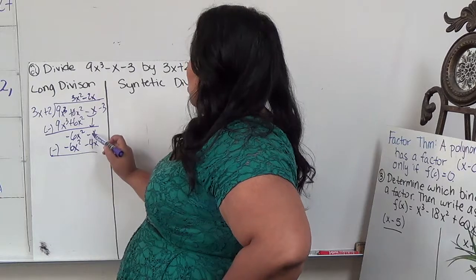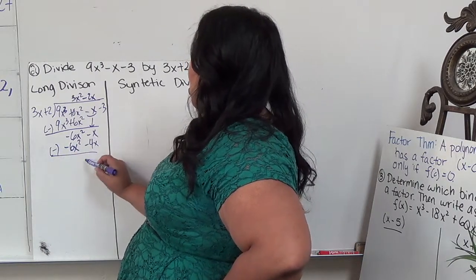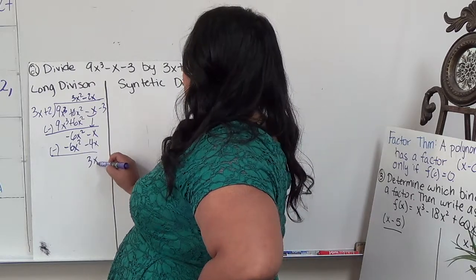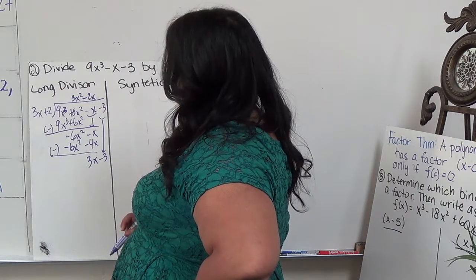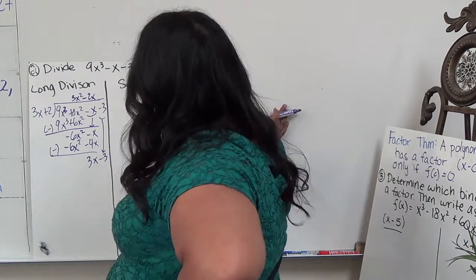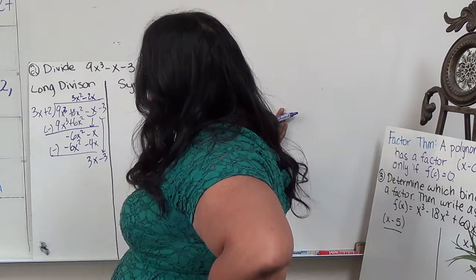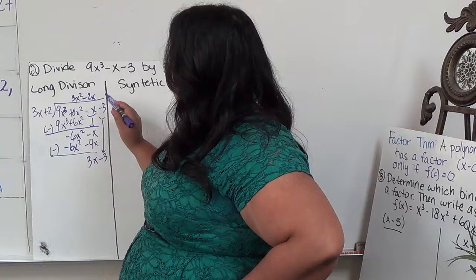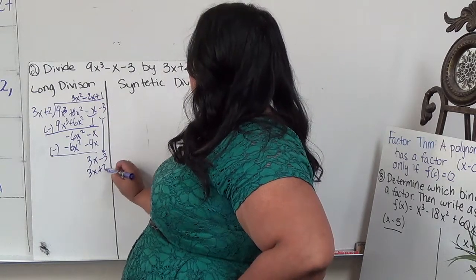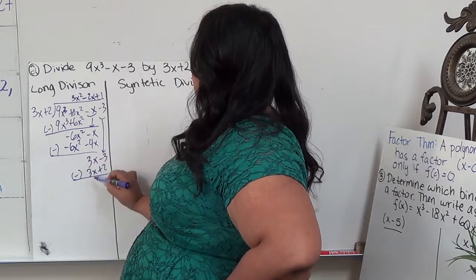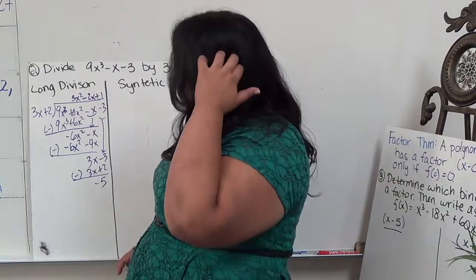This is 0, and then negative 1 minus a negative is plus 4, so negative 1 plus 4 is 3x, and I'm going to bring down the negative 3. So it's 3x plus 2, which then we subtract. Negative 3 minus 2 is negative 5. So my remainder is negative 5.